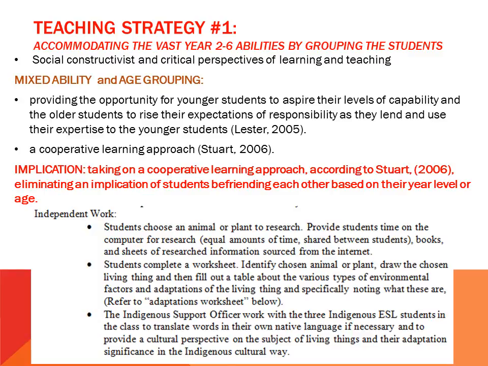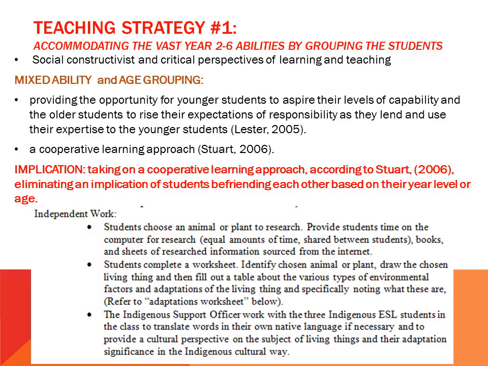The sequence chooses 3 different types of grouping strategies for the students, where they work in ability groups, multi-ability and age level groups. Mixed ability and multi-age grouping allows for the mixing of ages, beneficially providing the opportunity for younger students to aspire to higher levels of capability and the older students to rise to higher expectations of responsibility as they lend and use their expertise to the younger students, according to Lester 2005.